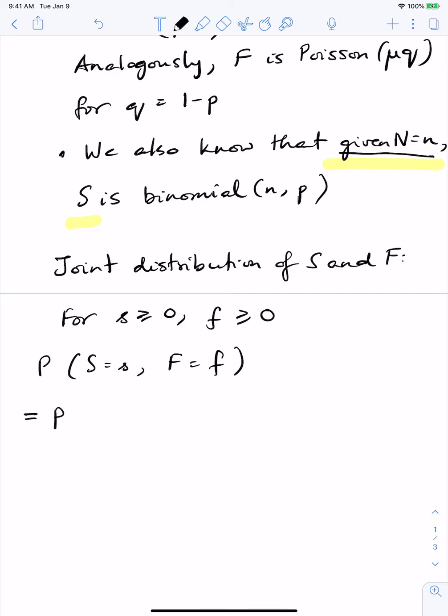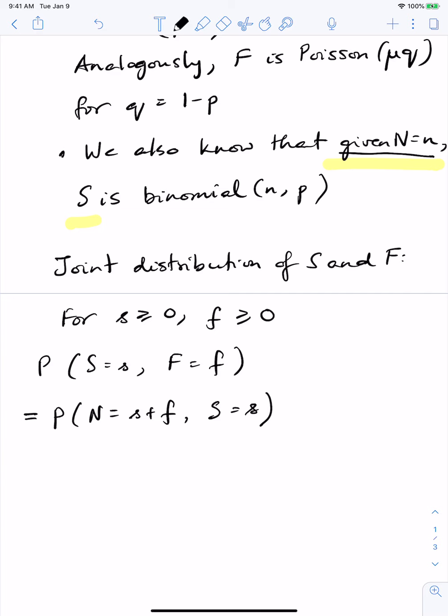So if you have S successes and F failures, implicitly that's telling you the number of trials. You had to have had S plus F trials. Of course, you still want to force S successes. Now, I don't actually need to say that we have little f failures because that information has been included in the number of trials.